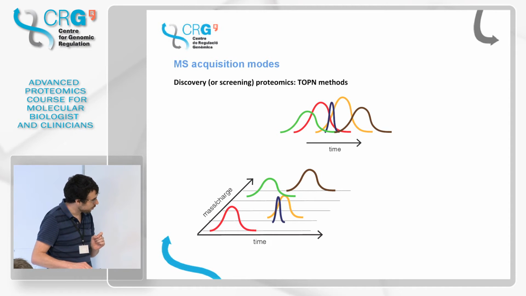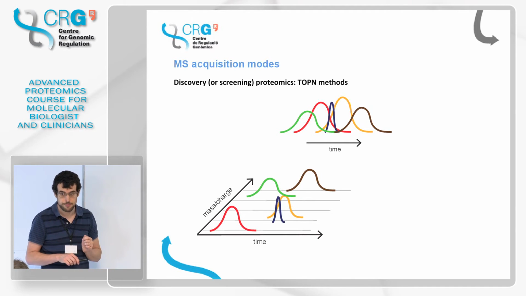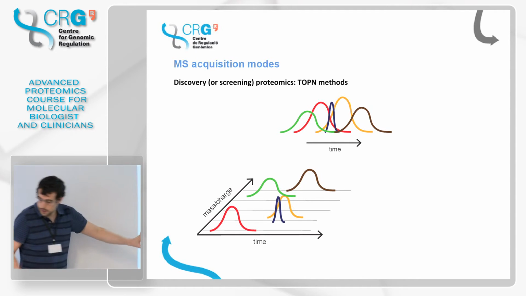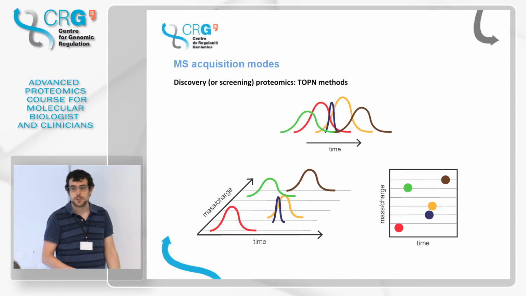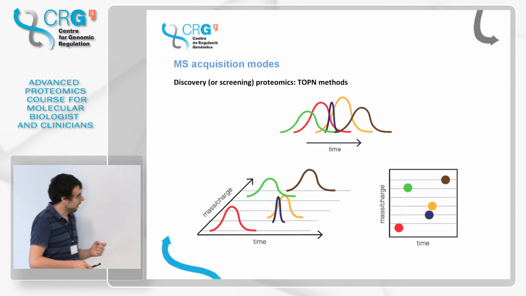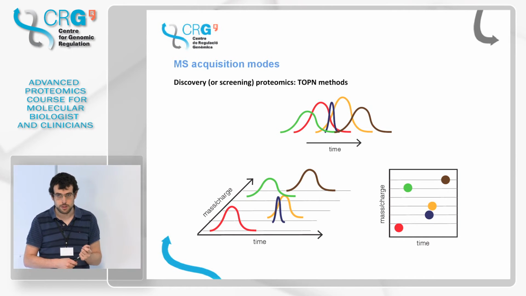And then we can introduce this mass to charge ratio, so this same picture we can visualize like this, okay? And then it's quite easy to flip it over and get this visualization. This is something that we call 2D maps, and we like to use them a lot to visualize data like this.